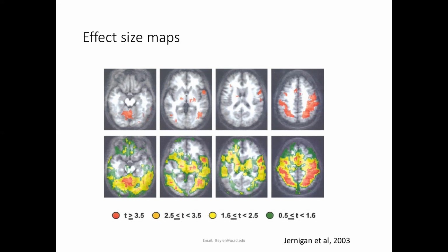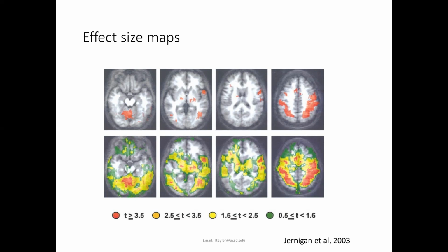And so that's why I think it's really important to show the effect size maps, so that you can see exactly what's underneath the peaks. So yes, show the peaks, but you may also want to show everything. This is an example of different thresholds being added here.